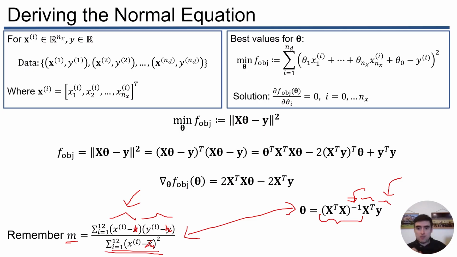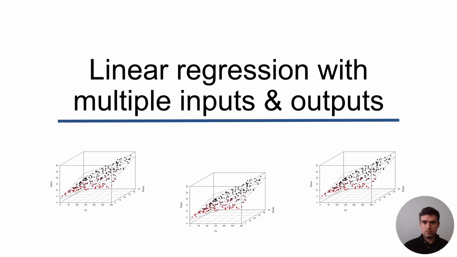Okay, let us now move on to what we're doing in the case of multiple inputs and multiple outputs. So far we've seen what happens when you have one input and one output, and what happens when you have multiple inputs, so multiple features, and one output. Now we're going to see what happens when you have multiple inputs and multiple outputs.